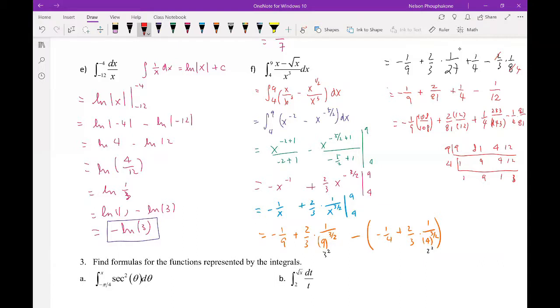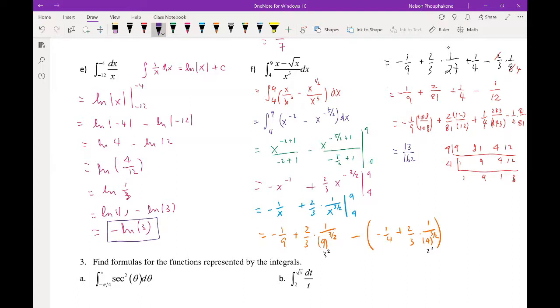Okay. Wow, it's a little bit messy, but again, if we have a calculator, then we could actually do this. Okay. So now the answer that I have is 13/162.